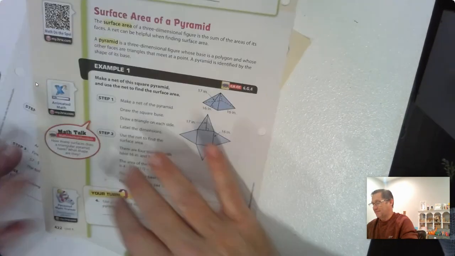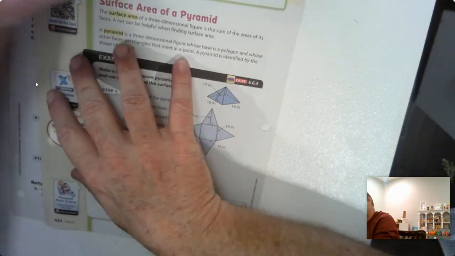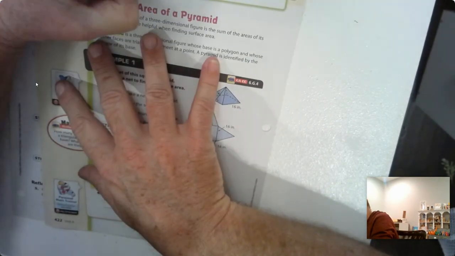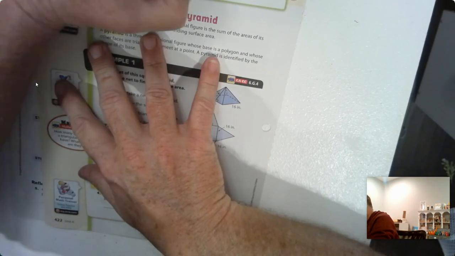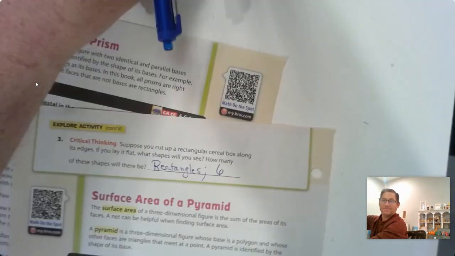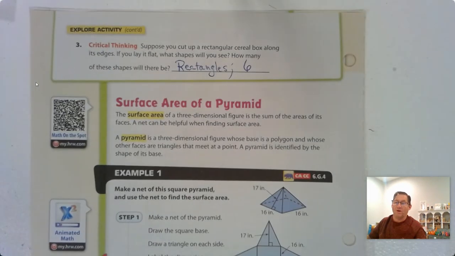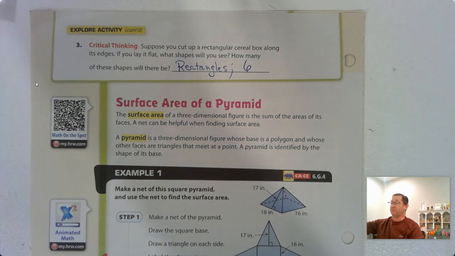So we would have 6 rectangles. Is it possible to have a cube as a cereal box? Sure, but squares are rectangles, so no matter what, we still have 6 rectangles.